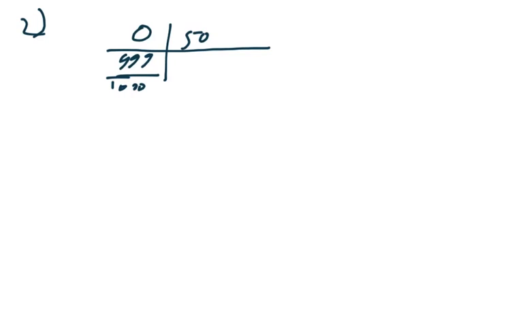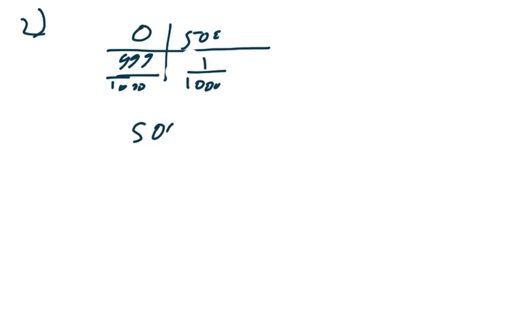Alright, so let's do example number 2. In problem number 2, you get $0 999 out of 1,000 times, and you get $500 1 out of 1,000 times.